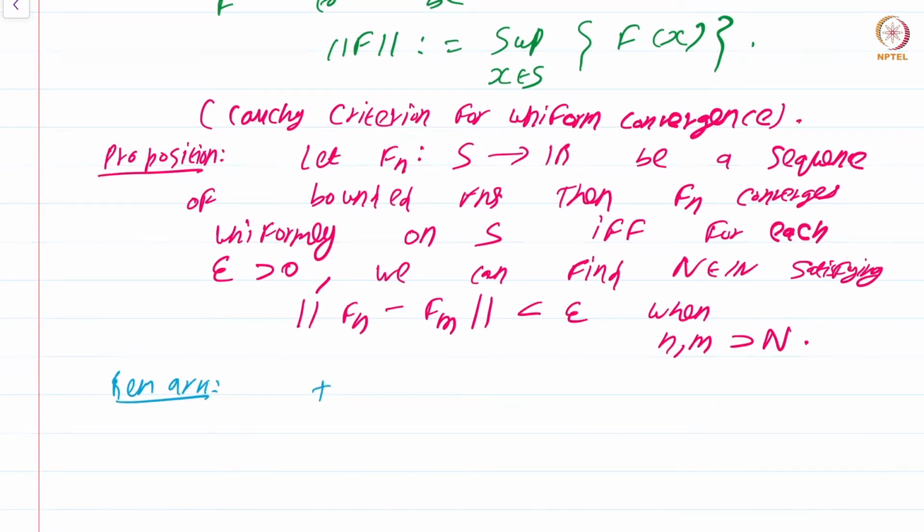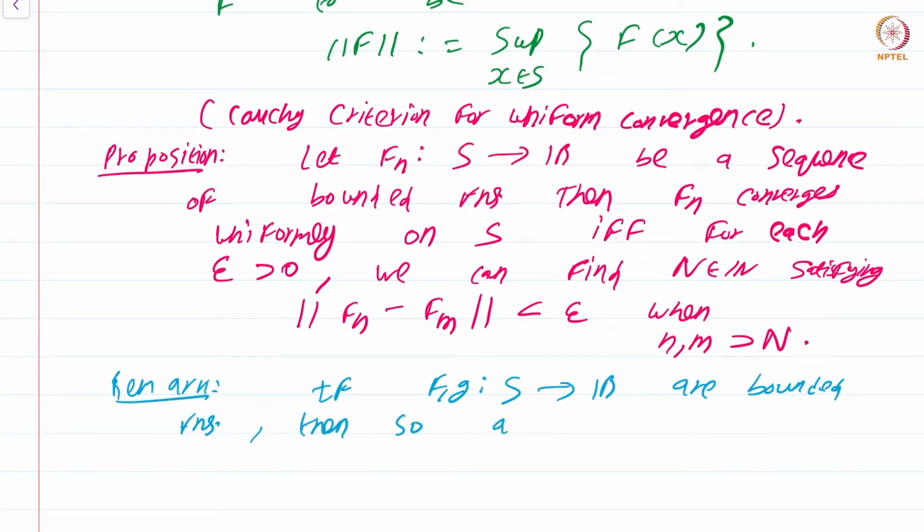If f, g from S to R are bounded functions, then so are f plus g, fg and cf for all c in R. These are all going to be bounded functions.